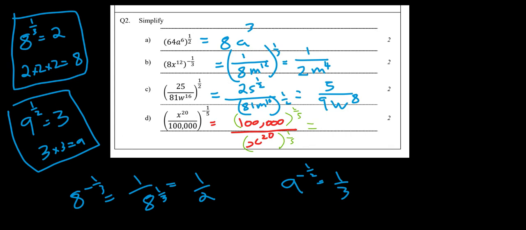And the fifth root of 100,000 is 10, all over x to the 4. And we can show that the fifth root of 100,000 is 10 by doing 10 times 10 times 10 times 10 times 10. We just count the zeros: 1, 2, 3, 4, 5.